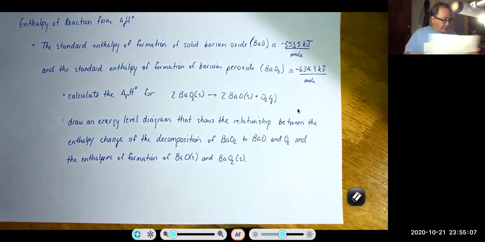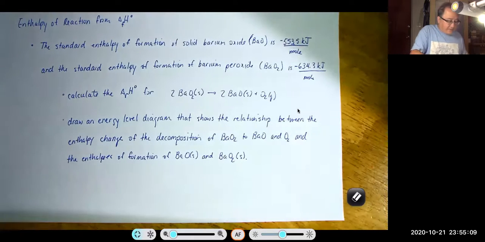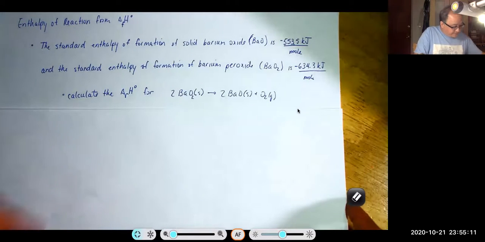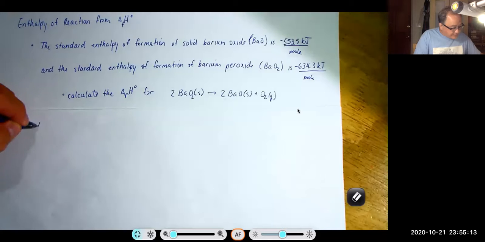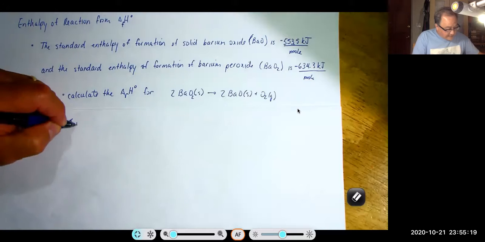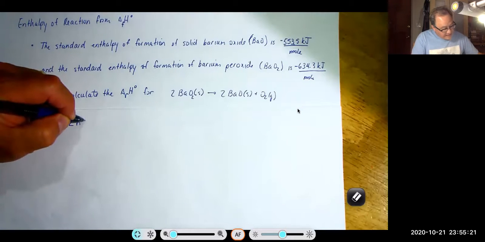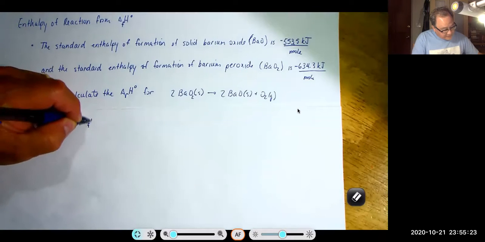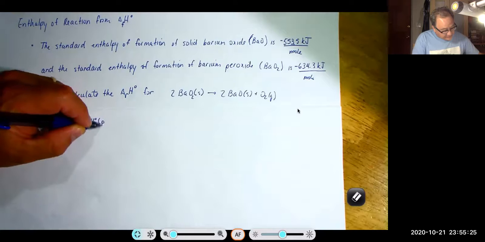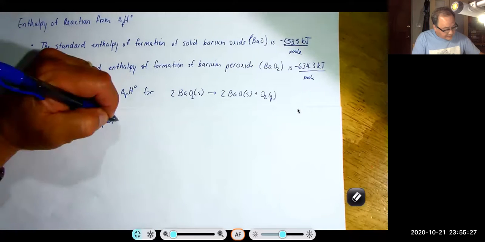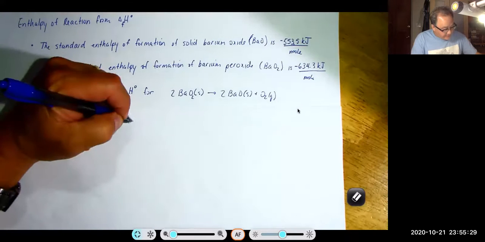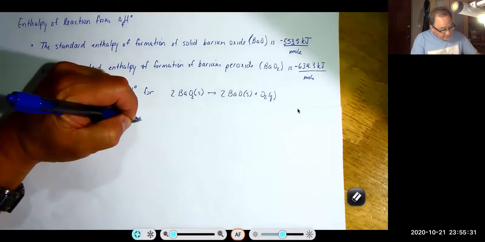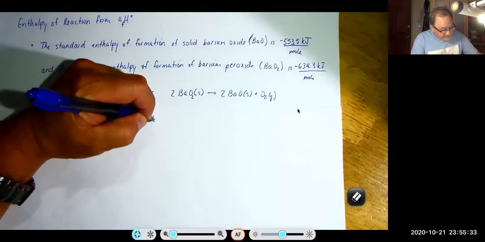Okay, so to calculate the enthalpy for this reaction, I'm going to start with this. It's going to be the sum of N times the enthalpy of formation of the products, minus N times the enthalpy of formation of the reactants.